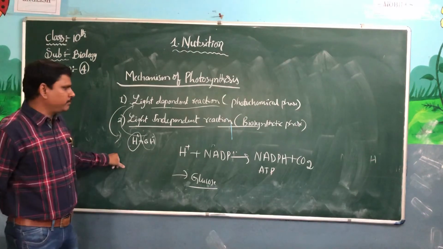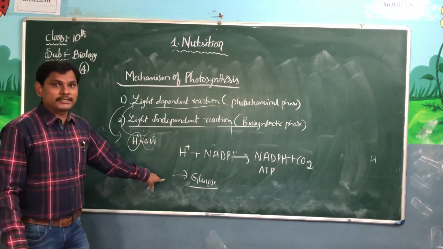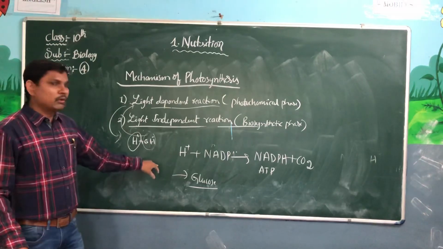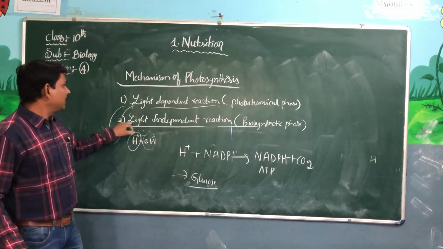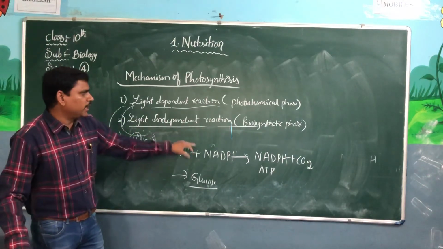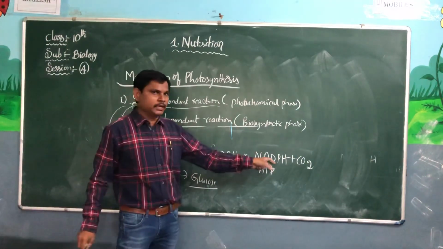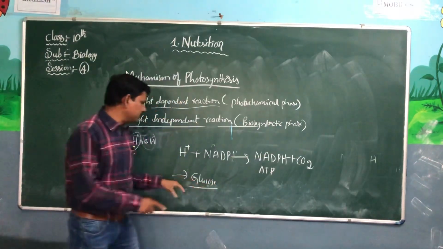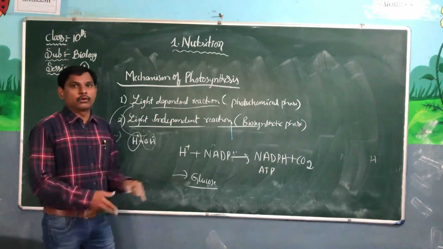One point we should remember here: glucose is not prepared in the light dependent reaction. Glucose is prepared in the light independent reactions. So hydrogen combines with NADP to form NADPH, and NADPH combines with carbon dioxide, utilizing ATP energy, to form glucose.